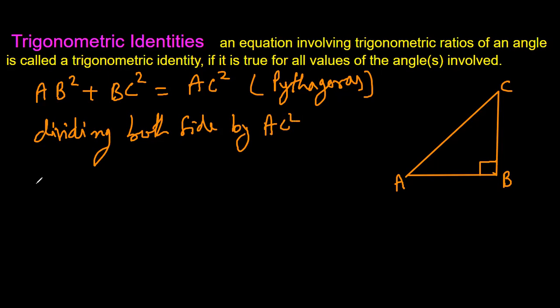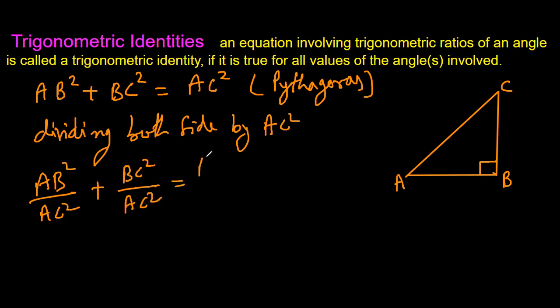What do we get? Look, AB squared over AC squared plus BC squared divided by AC squared is equal to AC squared over AC squared.